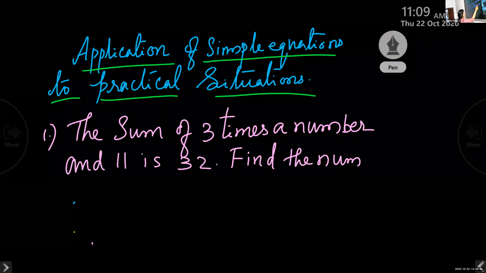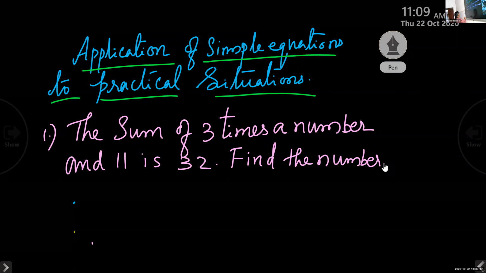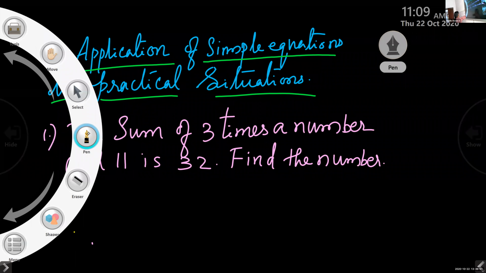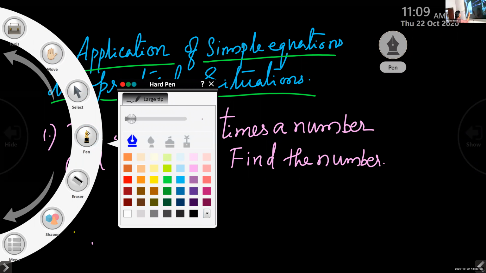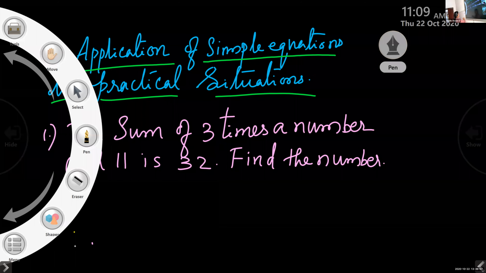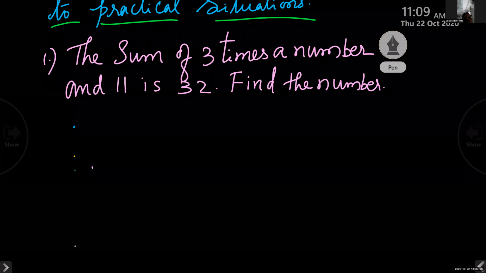Find the number. Okay, so we'll find out the number. Write down the question, then think and tell me the answer.